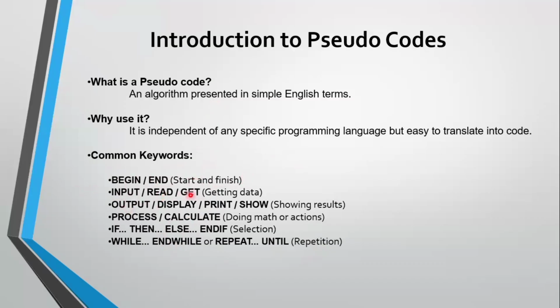INPUT, READ, GET keywords are for getting data, for inputs. OUTPUT, DISPLAY, PRINT, SHOW keywords are for showing results. PROCESS, CALCULATE keywords are for doing math or calculation and the actions. You can see here the selection keywords and the repetition keywords, right?